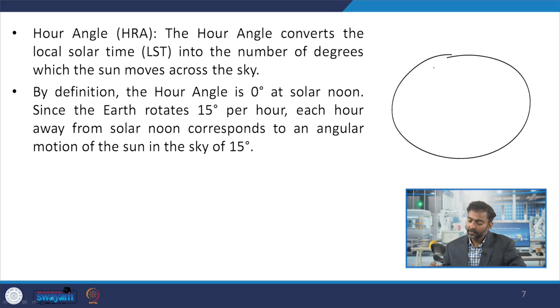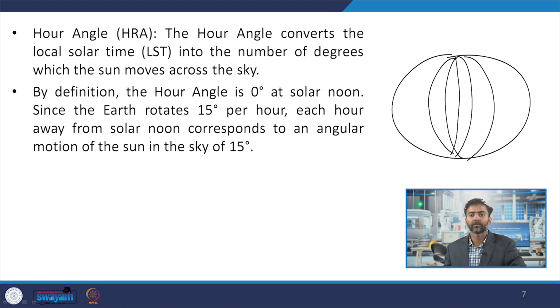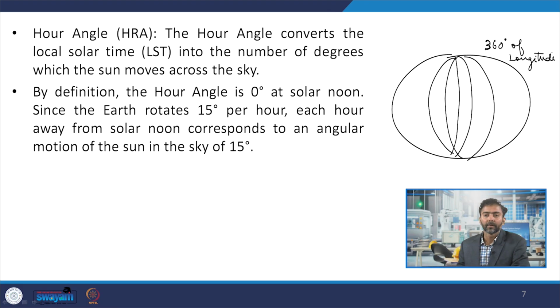So let us say this is the Earth, and as we know there are latitudes and longitudes. Longitudes are the vertical demarcations, north to south, on the planet, which we have done for ease of locating any location on Earth. As we understand, there are 360 degrees of longitude, because Earth is almost a spherical body.